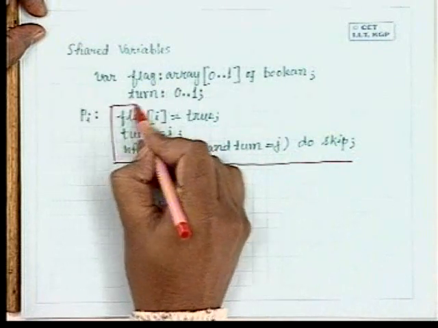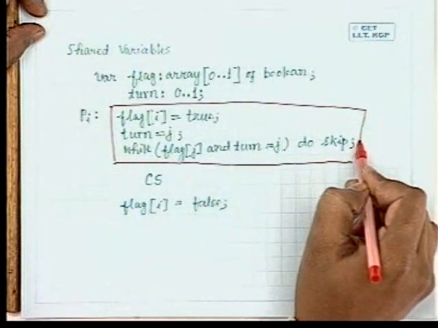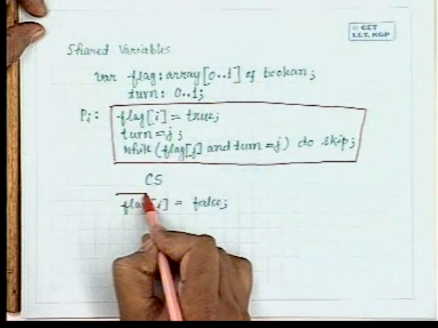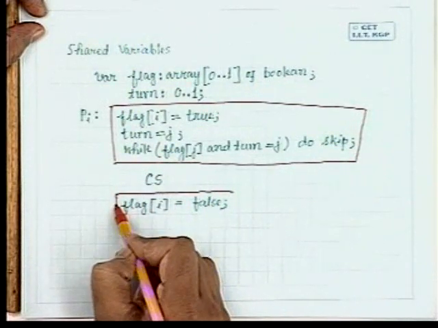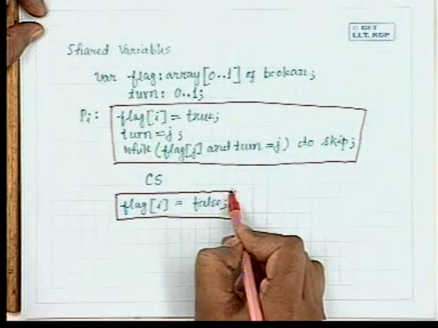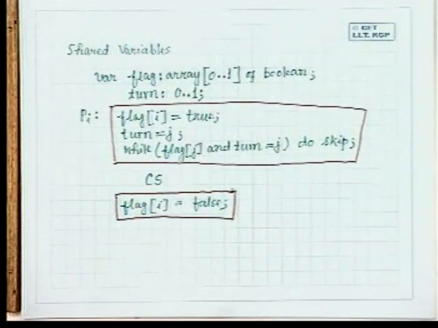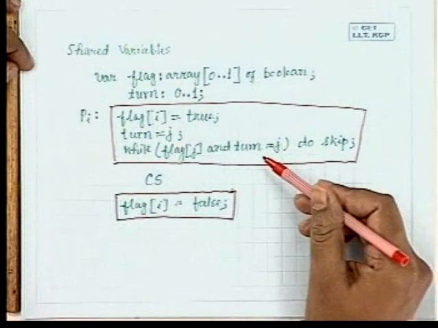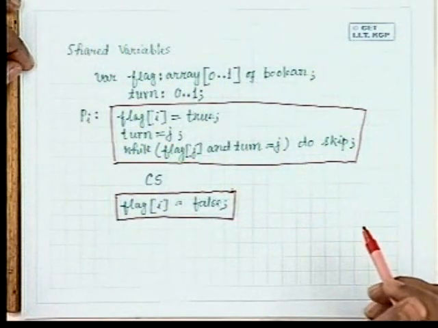So this is the entry section of the ith process, and this is the exit section of the ith process. Now let us try to analyze to see whether this gives the correct solution or not.